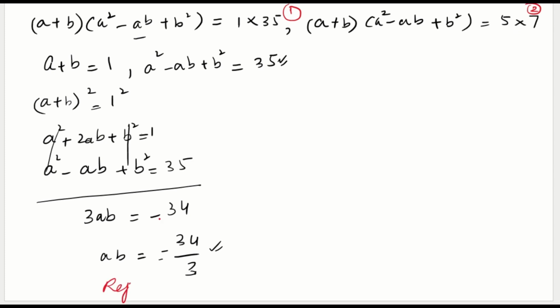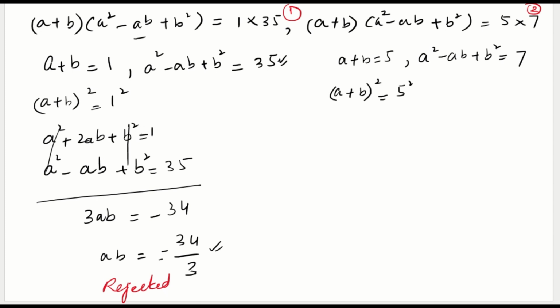So we will reject this case and consider the other case, where a plus b is equal to 5, and a square minus ab plus b square is equal to 7. Taking square on both sides, (a plus b) whole square is equal to 5 square. Now a square plus 2ab plus b square is equal to 25.